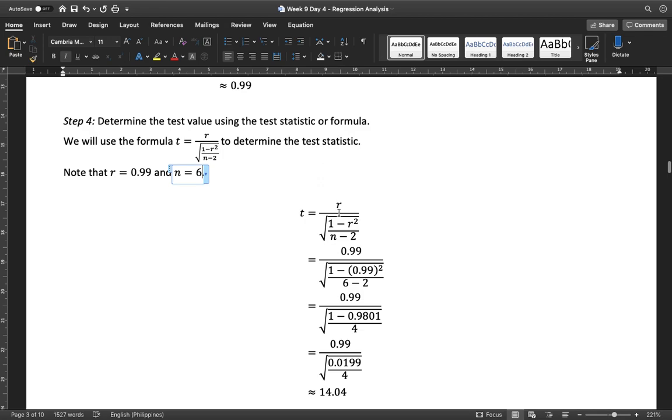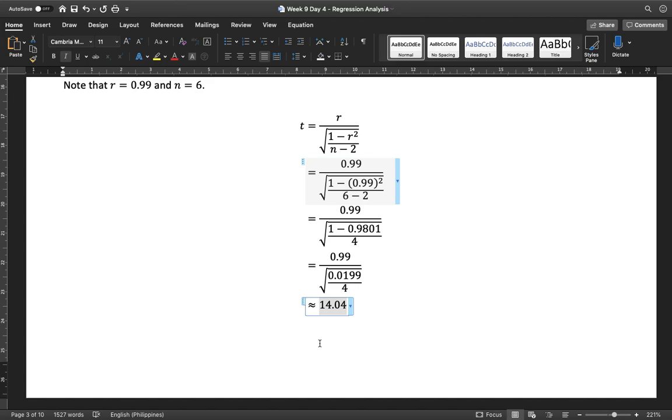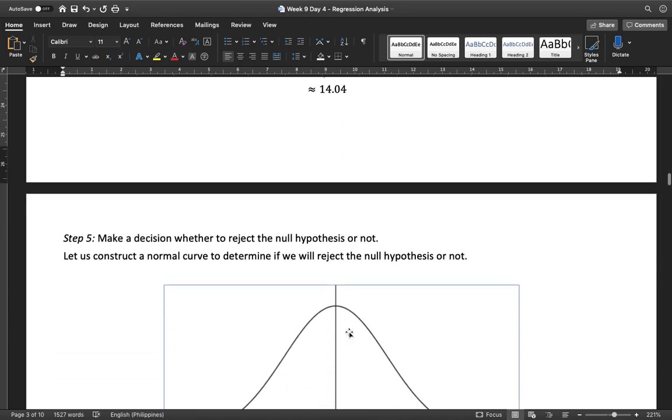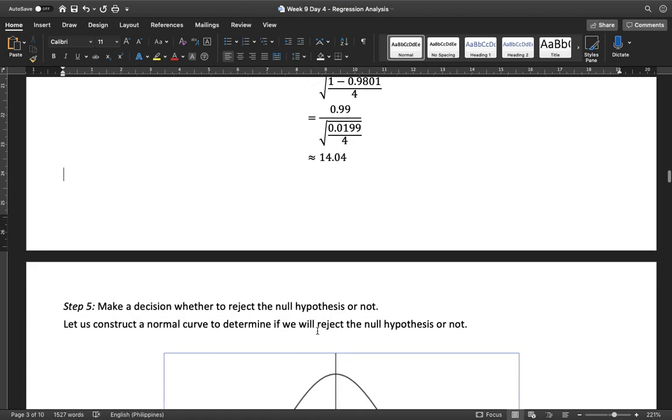So substitute the values. 0.99 all over square root of 1 minus 0.99 squared all over 6 minus 2. Compute, we have 14.04. So, ayun. Aralin ng steps kung paano ma-compute. Kasi yun naman yung medyo mahirap nun, kung paano siya i-compute. Okay?